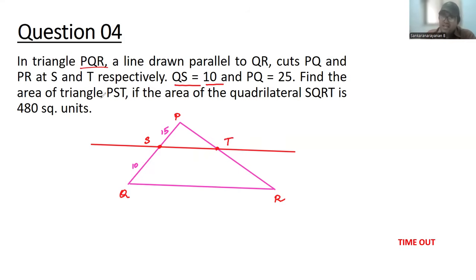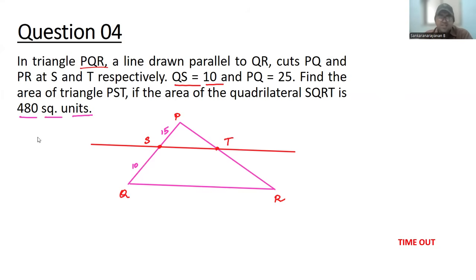Now find the area of the triangle PST, the small one, if the area of the quadrilateral SQRT is 480 square units. One thing I can understand here is the basic proportionality theorem: PS is to SQ is 15 is to 10. I can even go for the similarity of the triangles.